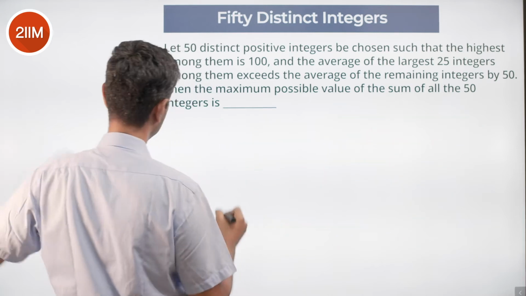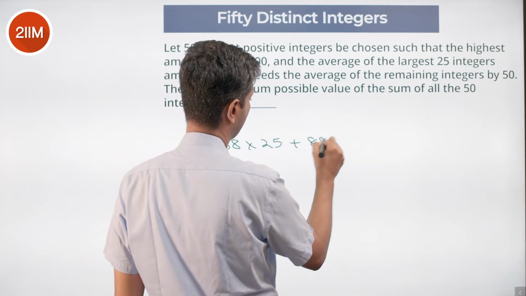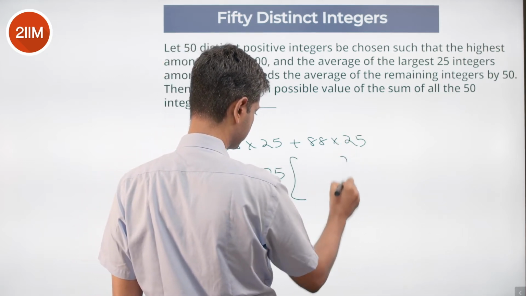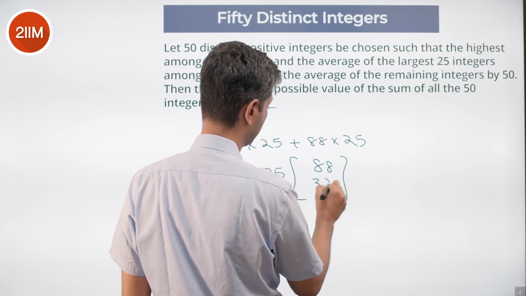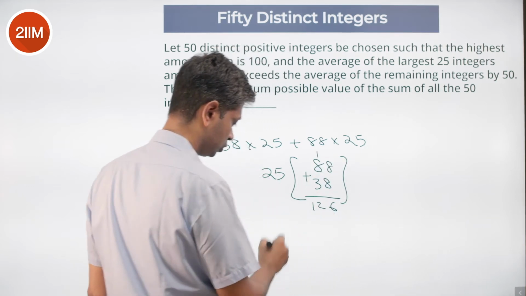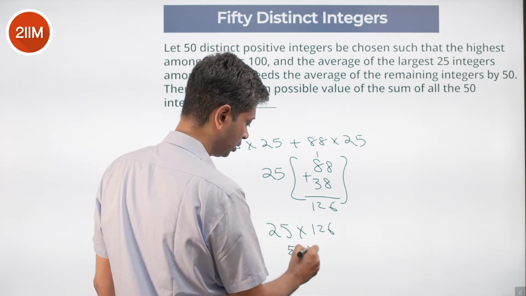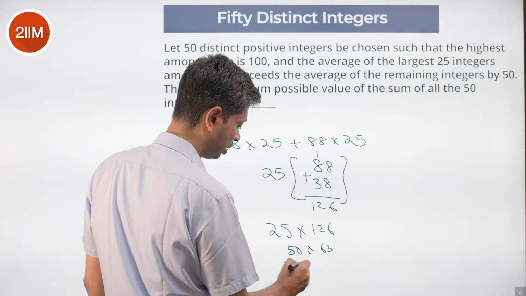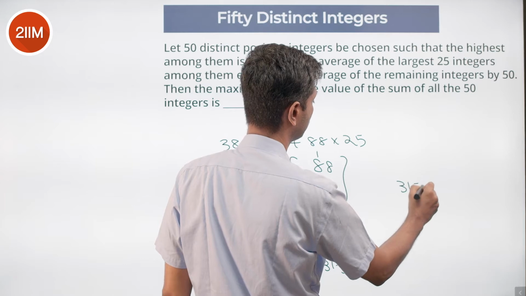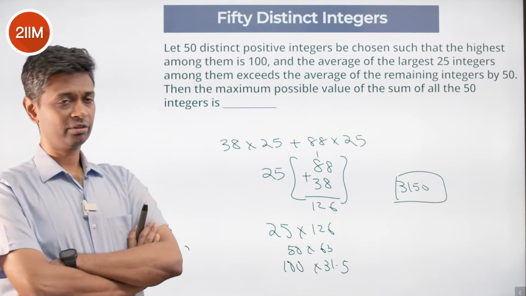The total is 38 into 25 plus 88 into 25, or 25 times (88 plus 38). 88 plus 38 is 126. So it is 25 into 126, or 50 into 63, or 100 into 31.5. That is 3150. 25 into 126 is 3150.